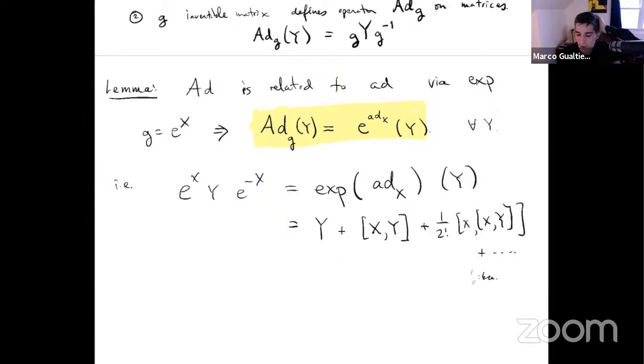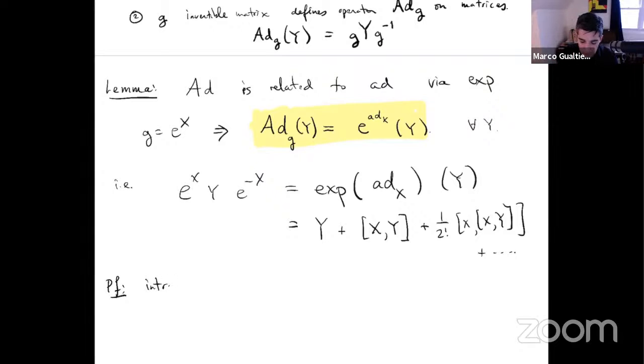Anyway, I think I made it clear what the statement is. Okay, suppose we want to prove this. An easy way to prove it would be to introduce a parameter and to use calculus, or to use differential equations.